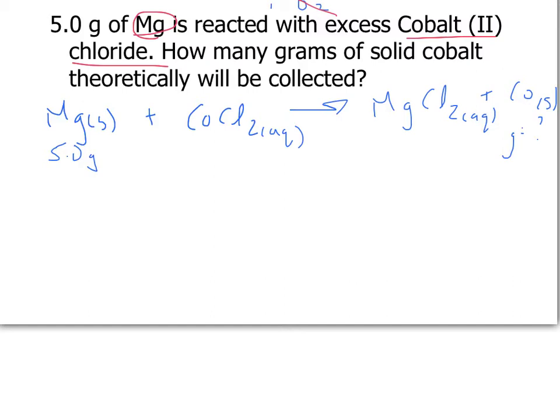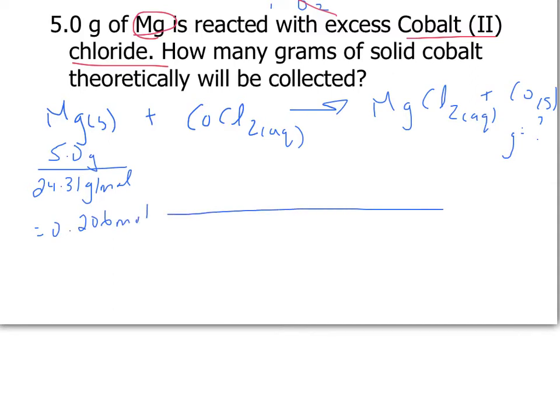In order to go from grams of magnesium to grams of cobalt, I need to go through moles. So my first step is to take my 5 grams and divide it by the molar mass of magnesium to get me moles. So that gives me 0.206 moles of magnesium. Now to go from magnesium over to cobalt, I have to times by a mole ratio.